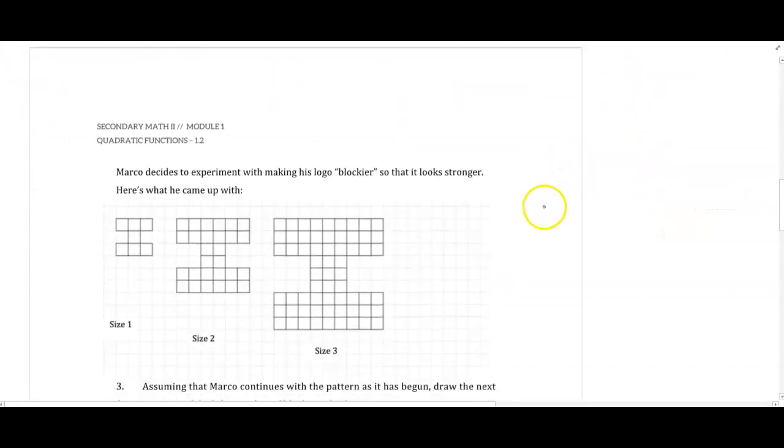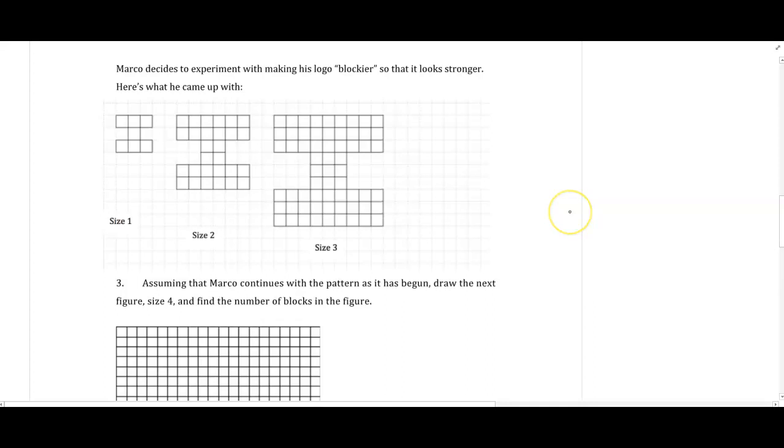So as we continue, it says Marco decides to experiment with making his logo block here so that it looks stronger. Here's what he came up with. So now, when I make my table, x, f of x, size 1 has 1, 2, 3, 4, 5, 6, 7.